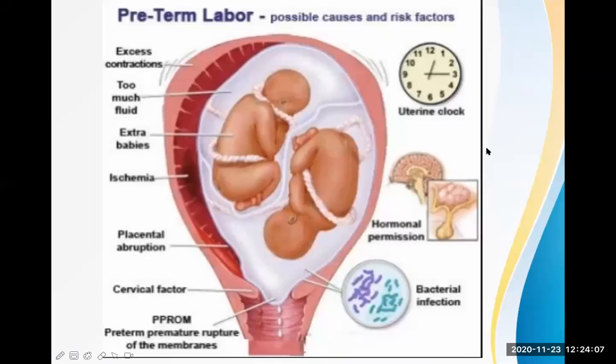Now look at this slide. It is again saying the same thing, a bit of revision for us. Excessive contractions before term, because we are talking about preterm labor, that means before 37 weeks of gestation. Too much fluid or over distension, because of polyhydramnios or extra babies, multiple pregnancy.